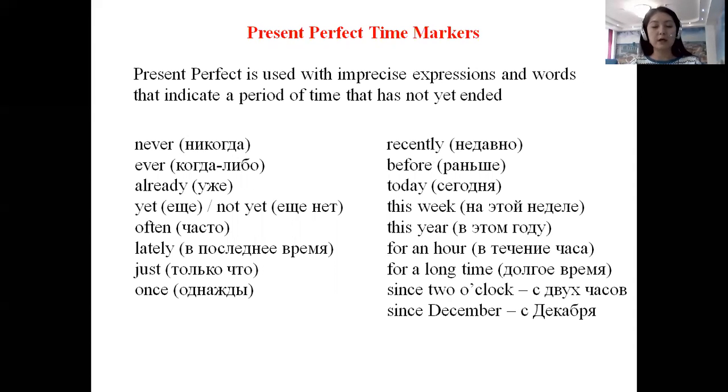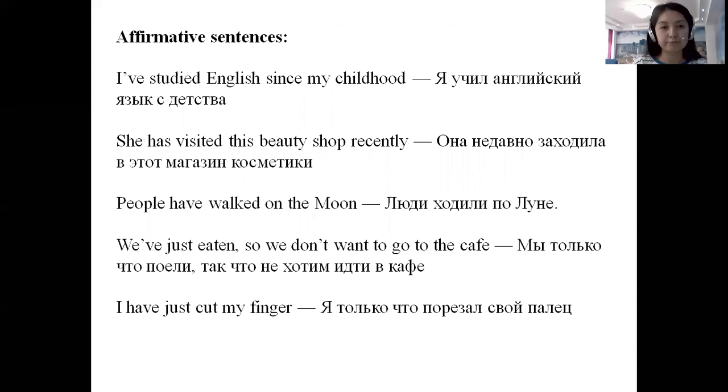Okay, students, now we understand when we use the present perfect, how we use the present perfect, and the time markers of the present perfect. Now I give you some examples: affirmative sentence, negative sentence, and the question sentence. First, affirmative sentence.